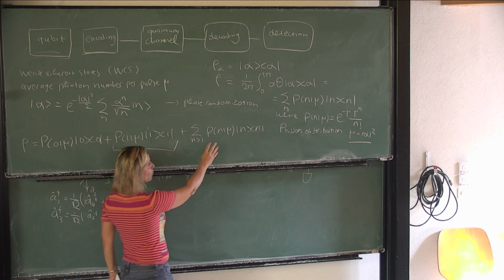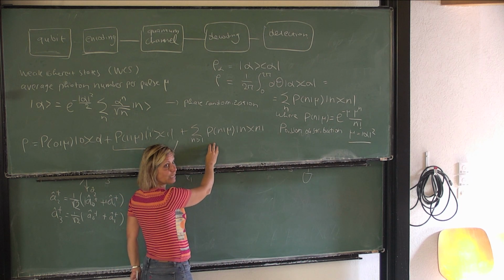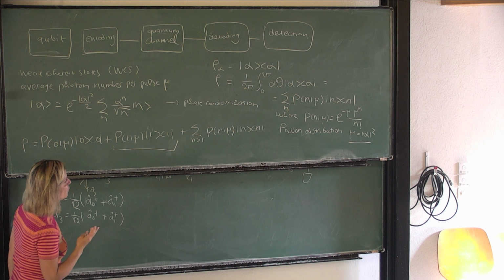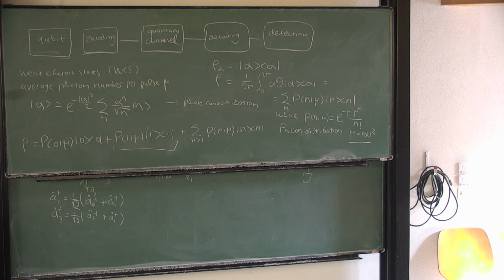The ones that are a problem are the multi-photon states. They create an inherent security problem in BB84 implementations, because they allow the so-called photon number splitting attack, which I have schematically shown here.